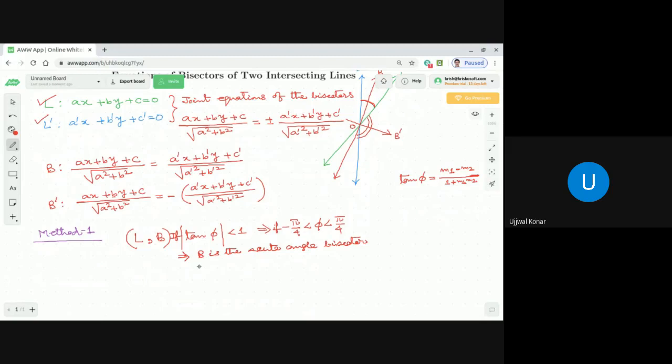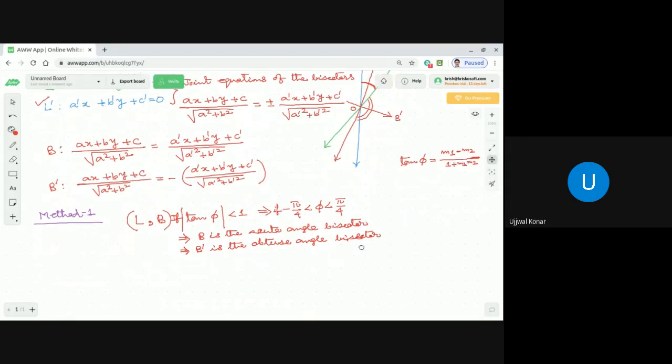And obviously, if B is the acute angle bisector, then B dash will be the obtuse angle bisector. Correct? So in that way, we can find which one is the acute angle bisector and which one is the obtuse angle bisector.